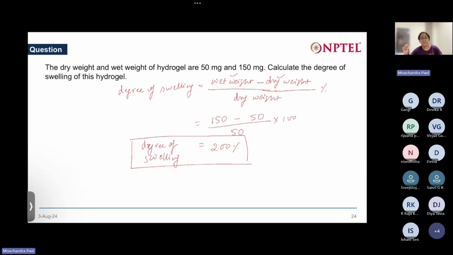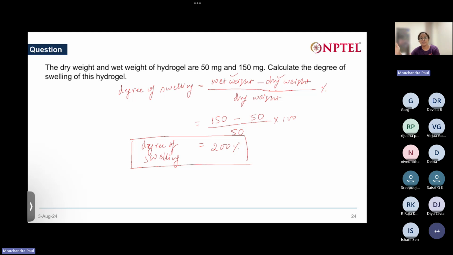That is our dry weight. Then we dip it in water or some buffer like PBS, phosphate buffered saline, for say 24, 48, or 72 hours, and then we weigh the wet hydrogel and get the wet weight values.